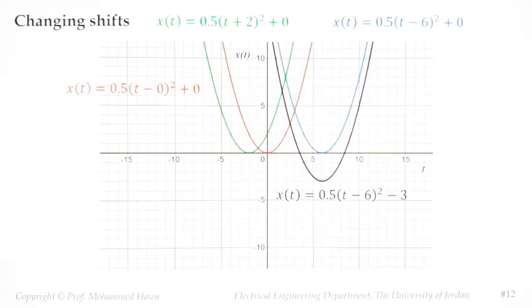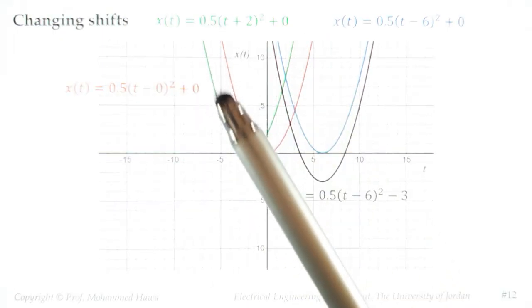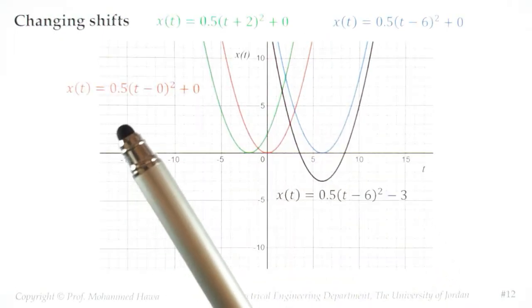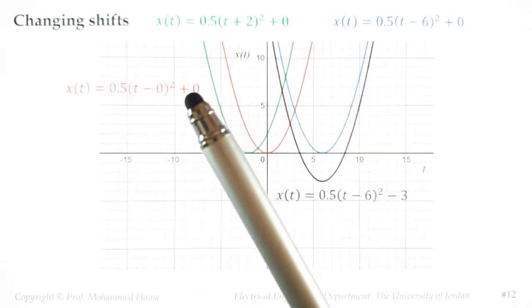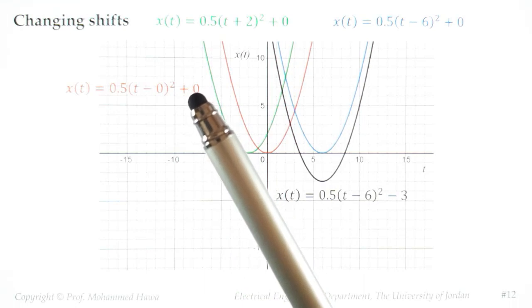This diagram, on the other hand, shows you the effects of the vertical shift and the horizontal shift. Let's start with the red curve again. The red curve is 0.5 t squared, so the shifting parameter here is 0 and the shifting parameter here is 0.